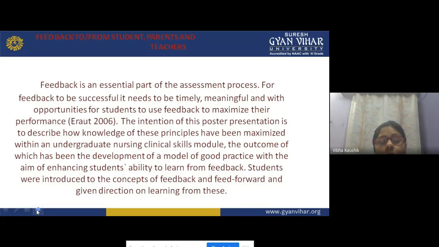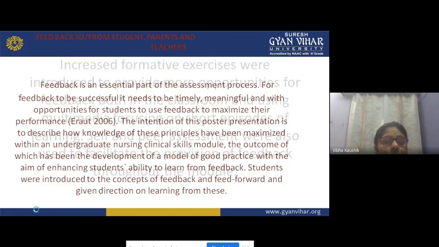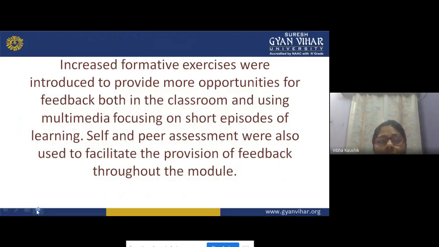Students were introduced to the concept of feedback and feed forward and given directions on how they can learn from the feedback they got. Increased formative exercises were introduced to provide more opportunities for feedback. Now we are using formative tests, formative assessment from time to time, so that it will give feedback to the students on time.